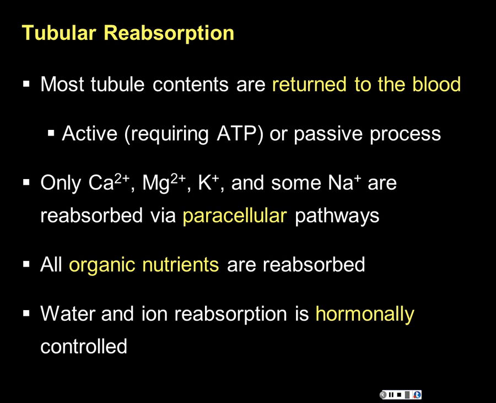Para means going between the cells. Essentially, all of your organic nutrients that your body needs, so your carbon-containing nutrients, your sugars, etc., are going to be reabsorbed once they're filtered out. And we also know that this can be under the influence of hormones. We'll address that with aldosterone and antidiuretic hormone.